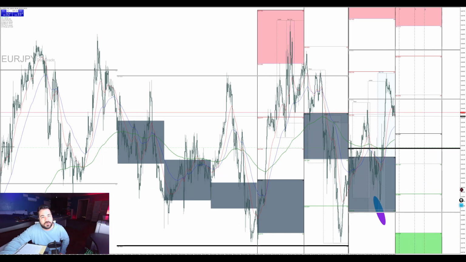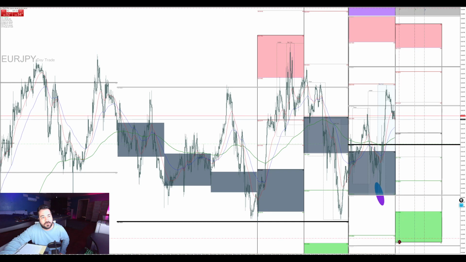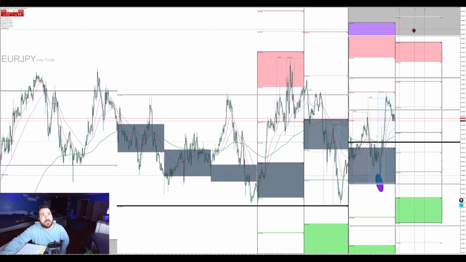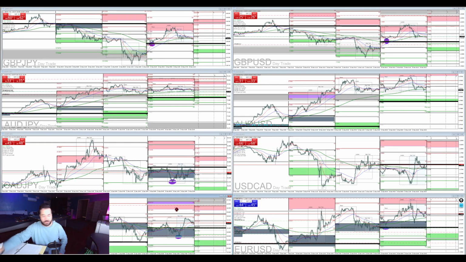So I will just reduce that stop. We'll have to make adjustments once we go. We'll just take it right up in here, right into the target zone. So that one's still in play.